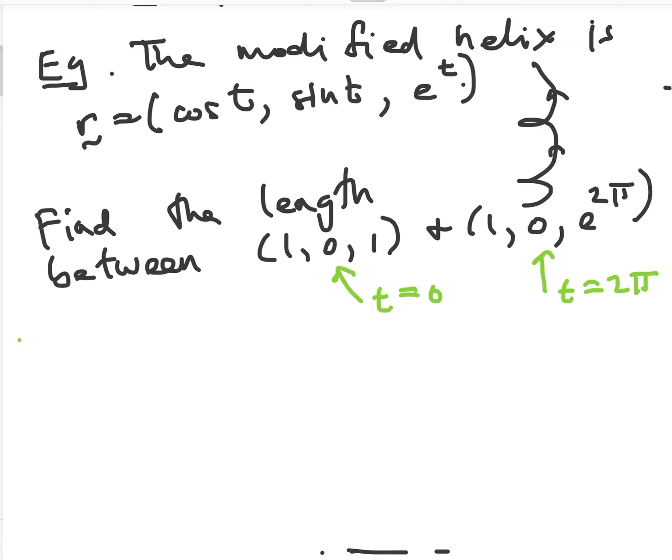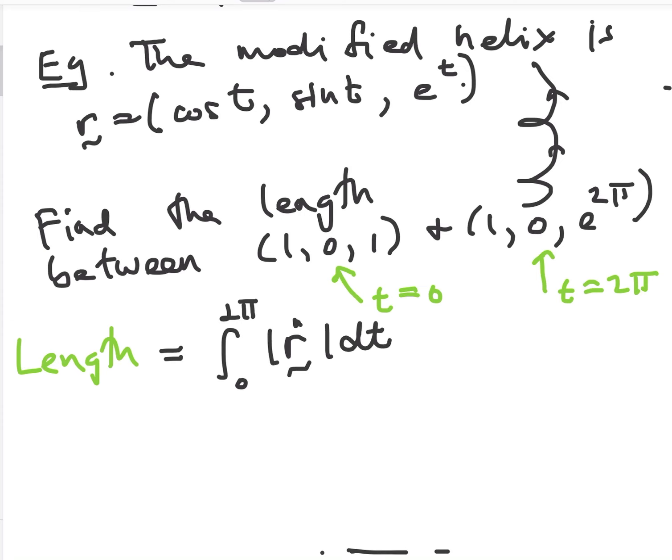Right, so the length. Let's just change that color. The length then is equal to the integral between 0 and 2 pi of always the mod of r dot dt.